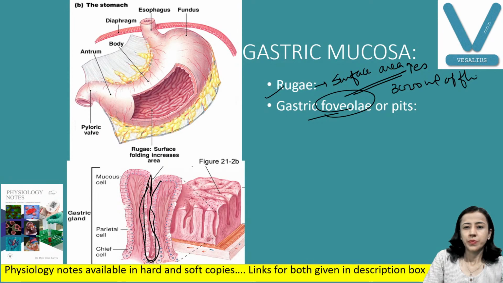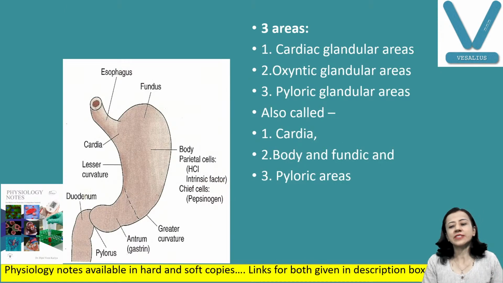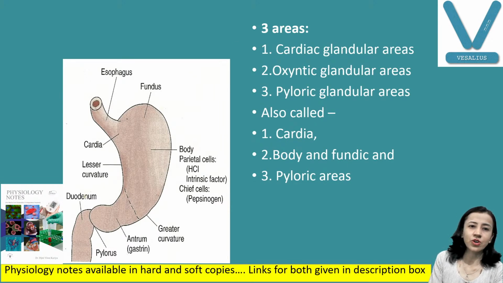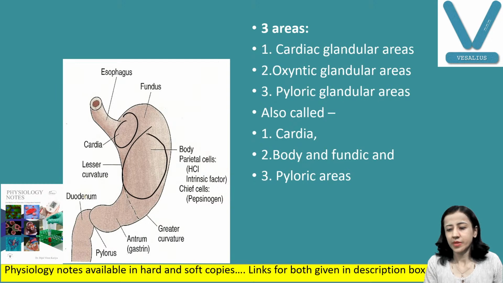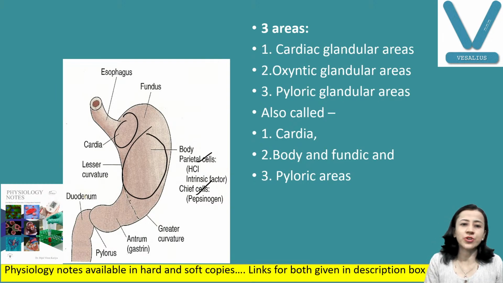Fine. Now another thing is, as we have discussed, in the stomach there are three areas: the cardiac area, or cardia area, which has different glands; the oxyntic area, or you can say body area, which has parietal cells and chief cells; and the pyloric area.